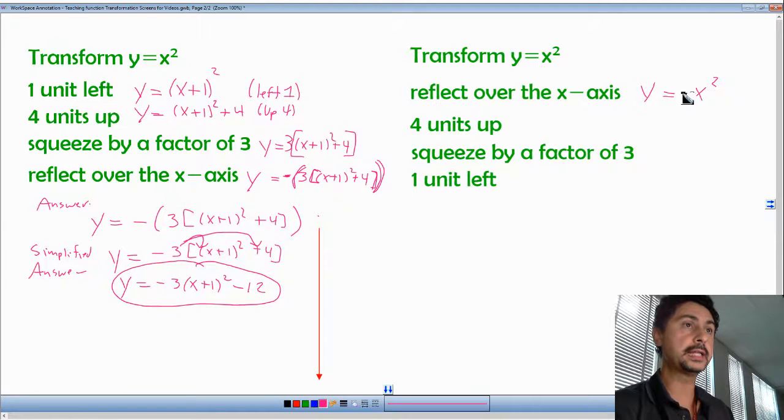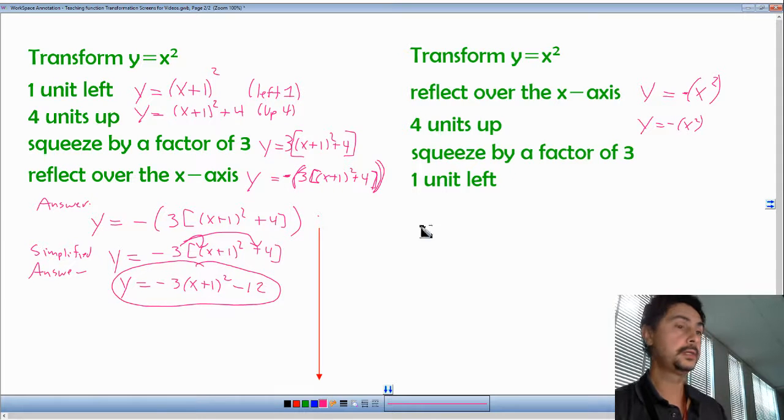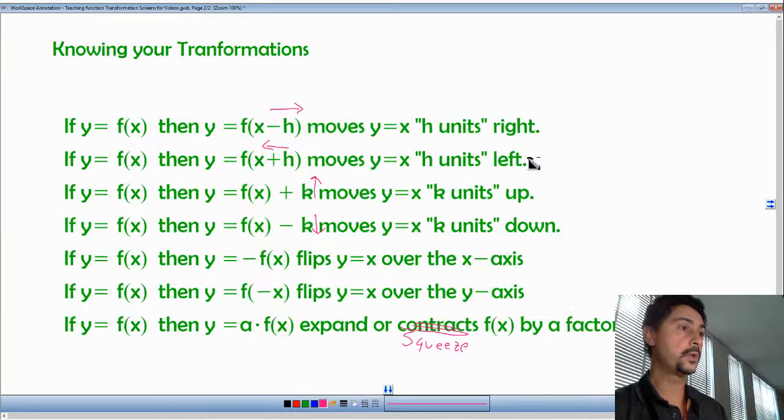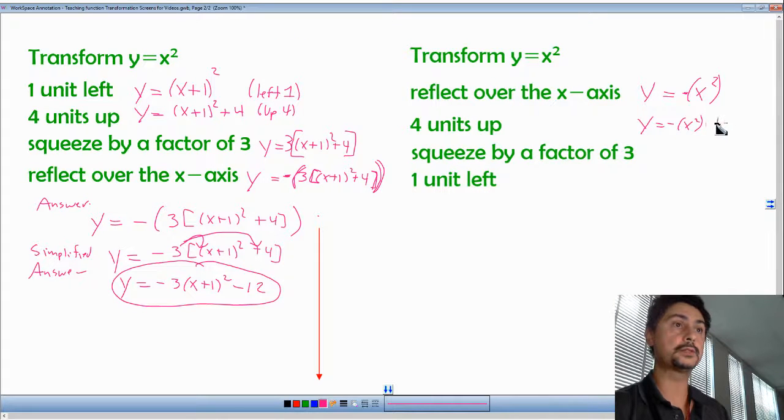So we put the minus here like this. Okay? Now it says 4 units up. Oh, well, write exactly what you wrote before. But going up, if you remember, going up k units is a plus k on the outside of what we wrote before.